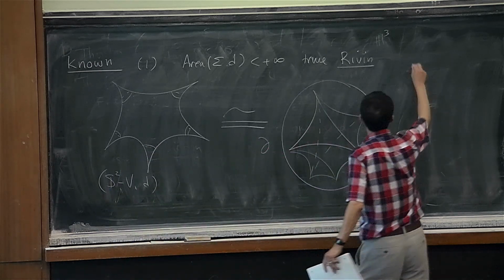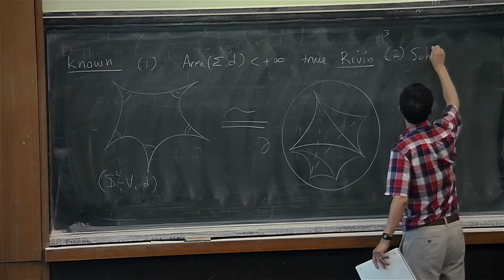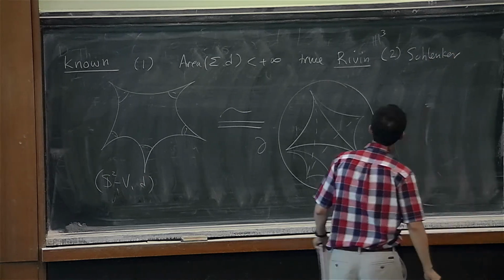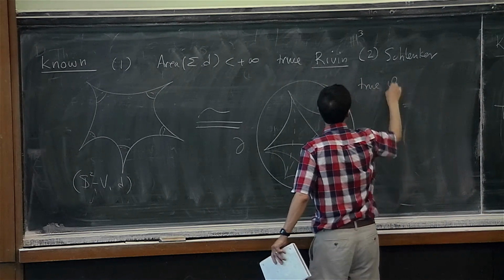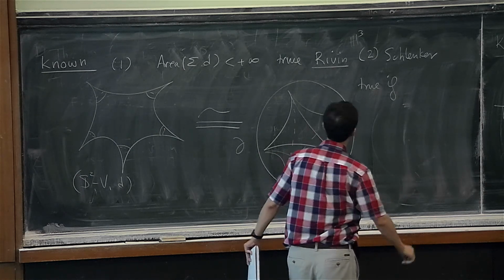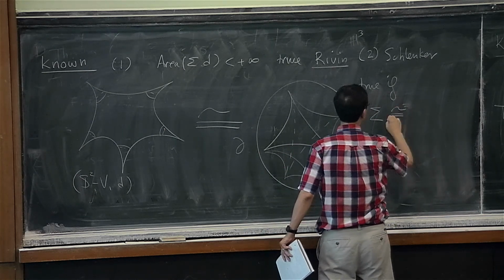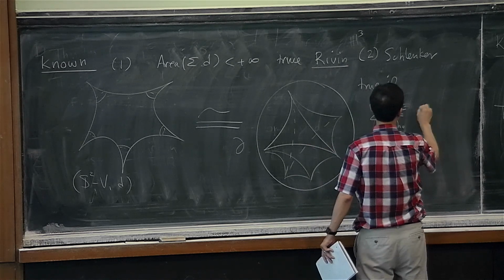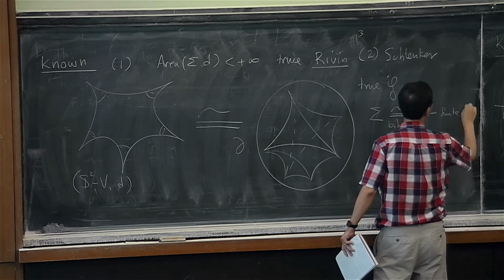And the second case is by Schlenker. He proved it's true if your Riemann surface is biholomorphic to a sphere minus a finite number of disks.